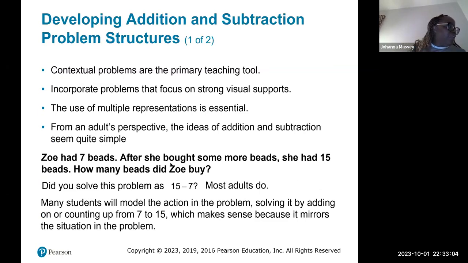And the last thing were the big ideas. So now we're going into developing addition and subtraction problem structures. Conceptual problems are the primary teaching tool. What I mean by conceptual is word problems, situational problems. When you start that, I'll start with just naked numbers. You incorporate problems that focus on strong visual support. Love that.